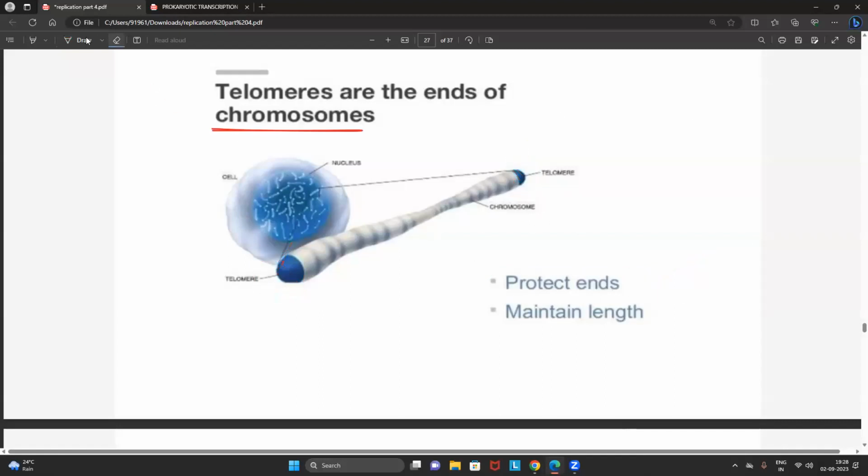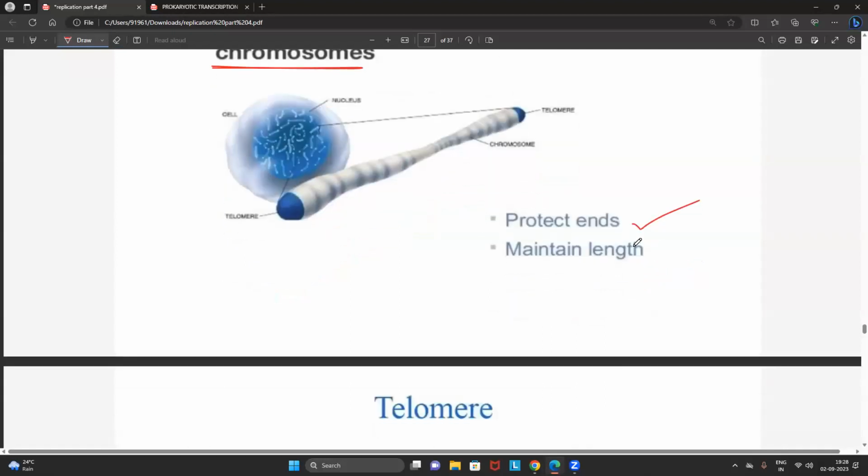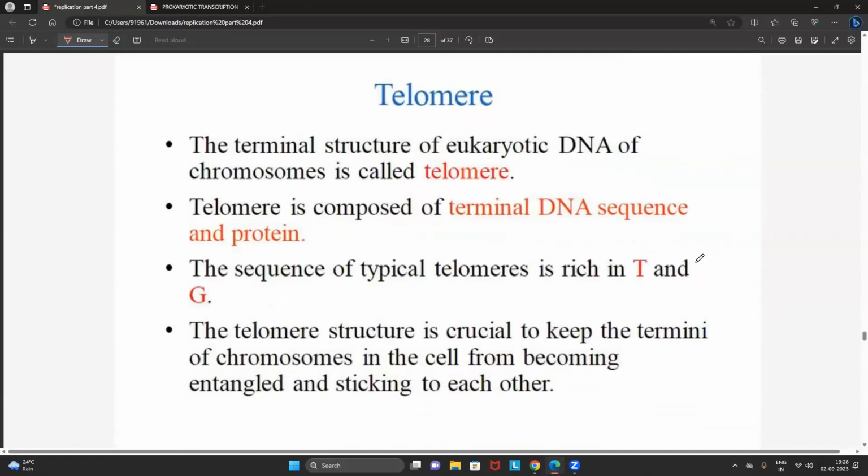Please don't get confused with that statement. It protects the ends and, most importantly, it maintains the length of the DNA. Now, look into the picture correctly. What is a telomere? It is the terminal structure of the eukaryotic chromosome. That is what we call a telomere.